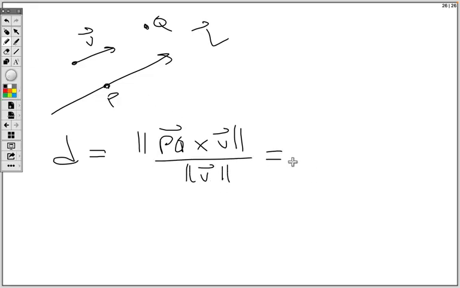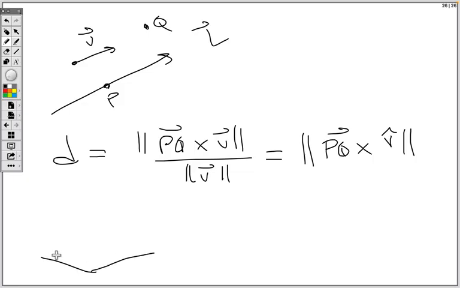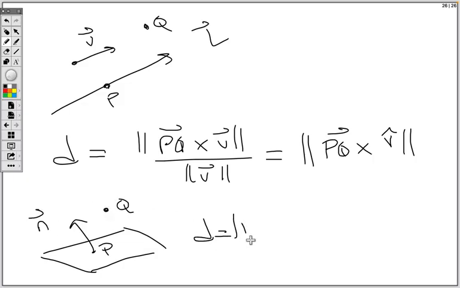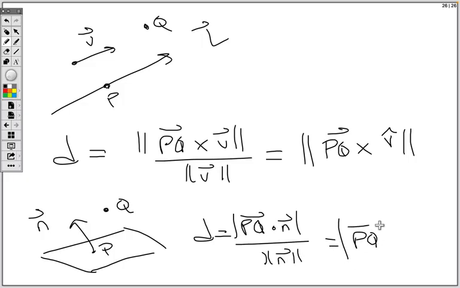You could write it more succinctly as the length of PQ cross V hat. Here, if we've got a point P, a normal vector n, and a point Q that's not on the plane, the distance was the absolute value of PQ dot n over the magnitude of n, which is the absolute value of PQ dot n hat.